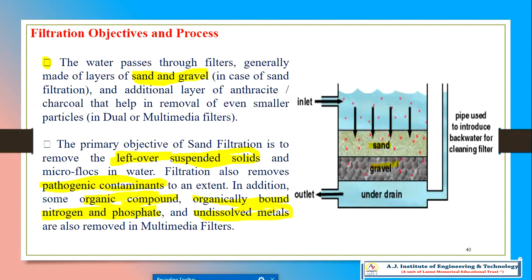Some metals are undissolved and may be arrested on the filter media. These are the main objectives of the filter, that may be removed in the filter tank itself.